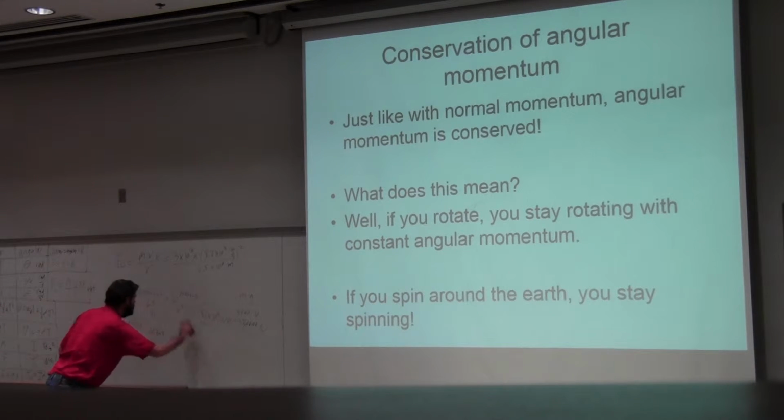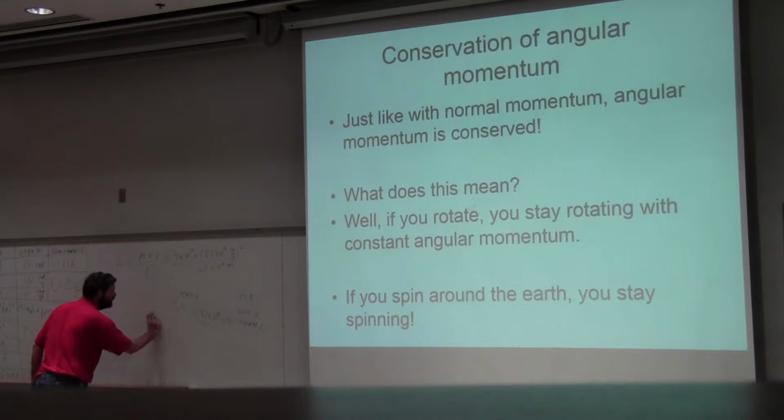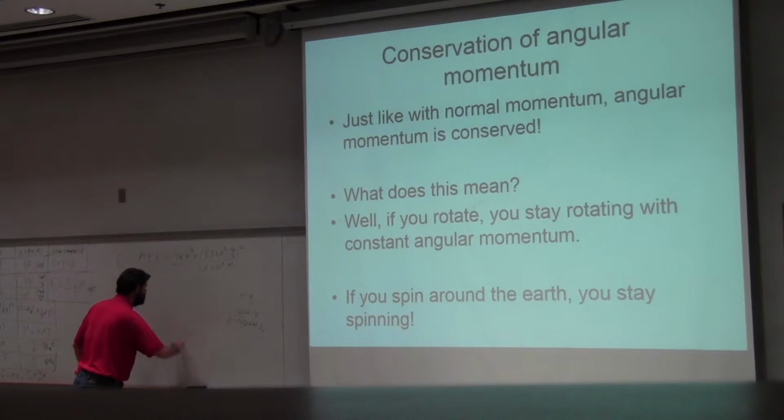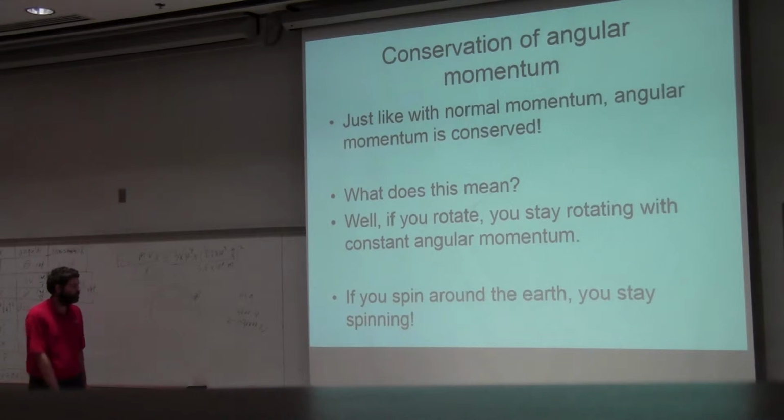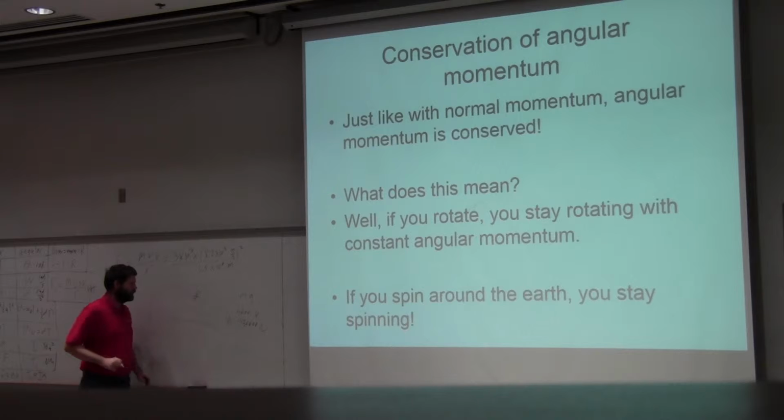If I draw planet Earth on the board, you can see that if you're standing here in Indiana, wow, you're tall, you have a much smaller rotational radius than if you're on the equator.